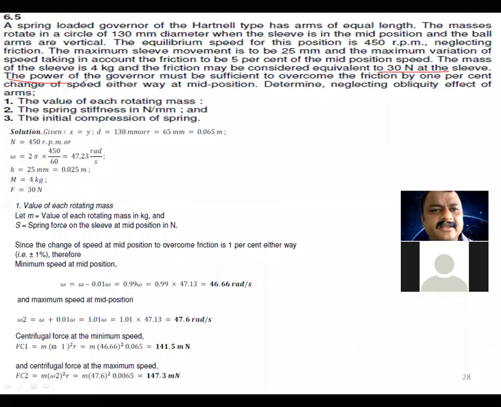You are supposed to find the power of the governor, which must be sufficient to overcome the friction by 1% change in speed. 1% change in speed means, 450 rpm is the mean speed. If it has to rise by 1%, it has to be 0.01 omega increase. And a 1% decrease means 0.01 omega decrease from the mean position.